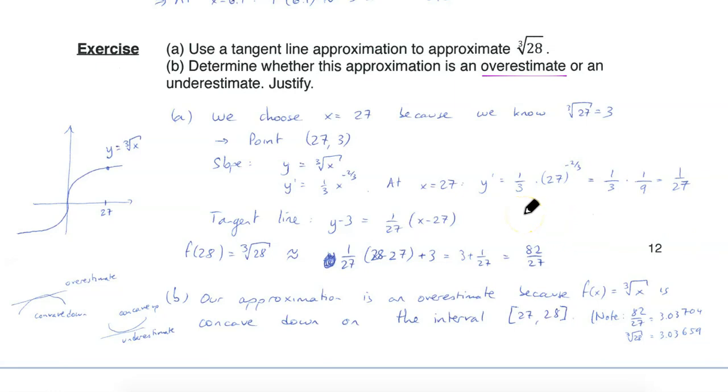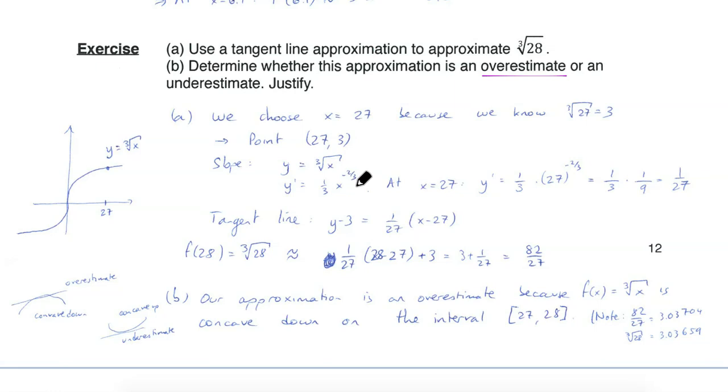And the way to do that for AP Calculus AB is to study the concavity of the function. If we take the second derivative, we will realize that the second derivative is negative 2 over 9 times x to the negative 5 over 3.